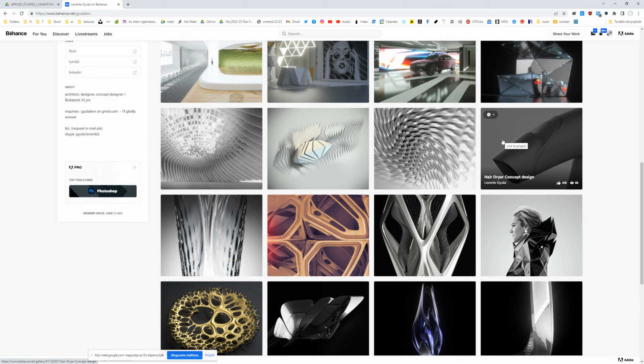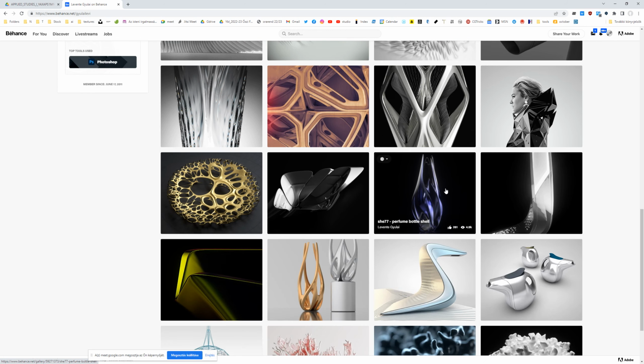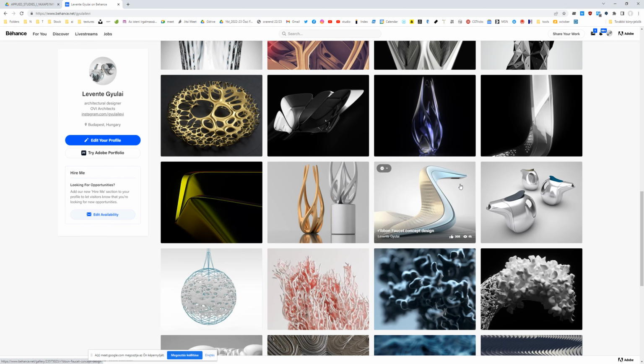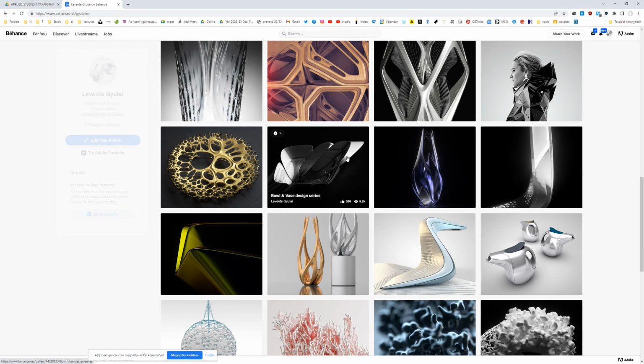Okay, so I'm working with these conceptual design things, and I'm doing experiments for my PhD and for my own personal projects and something like that.